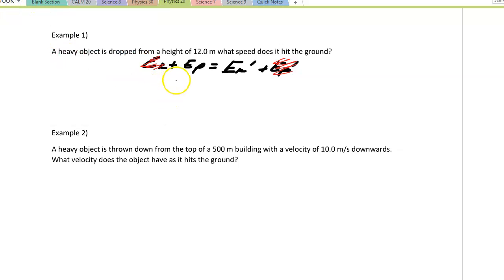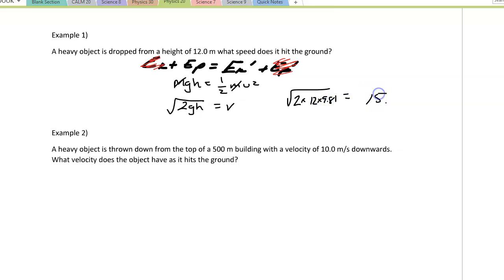And at the end, there is no potential energy. So, you're left with mgh is equal to 1/2 mv squared, and notice the masses cancel out, and this will happen with each of these cases. So 2gh square rooted is going to get you v, and when you plug in 2 times 12 times 9.81 all square rooted, you wind up with 15.3 meters per second.